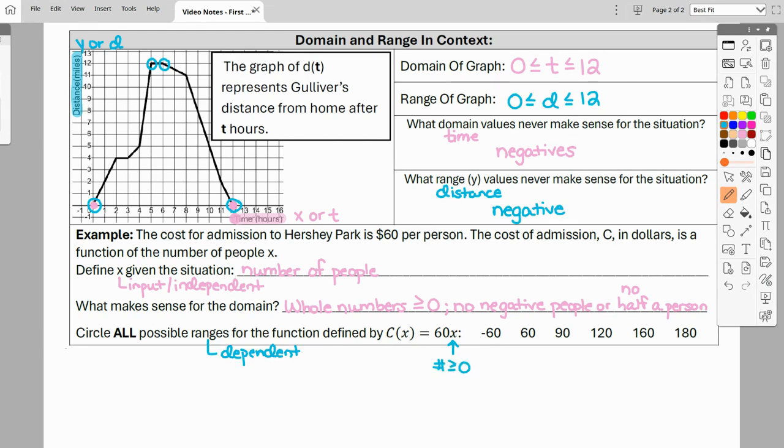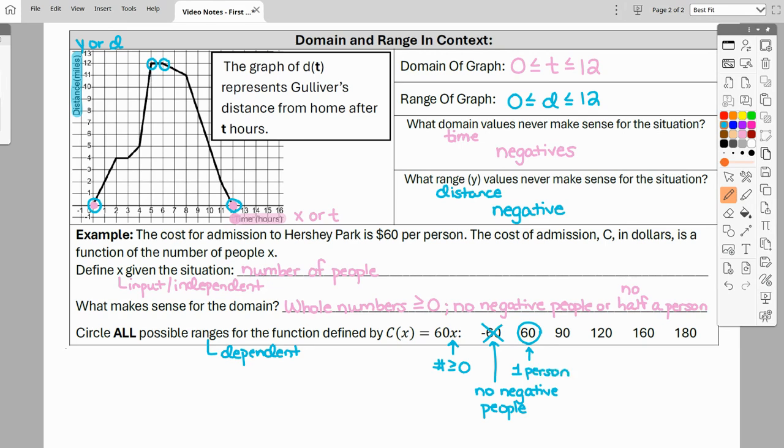So I can cross off the first option of negative 60 right away, because there are no negative people. We can't have a negative person. 60, I'm going to circle because guess what? The price of one person is $60. So that is a fair range value you can pay here.